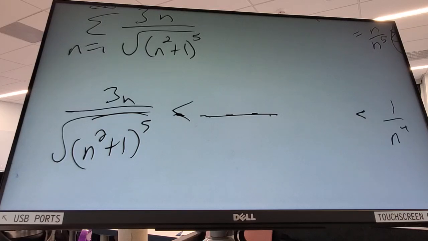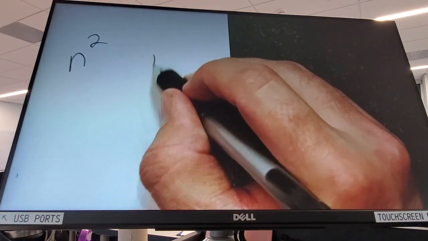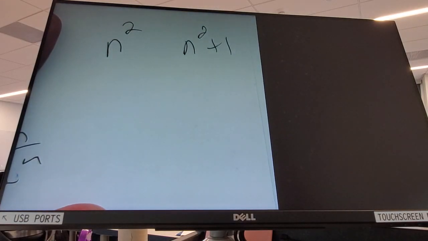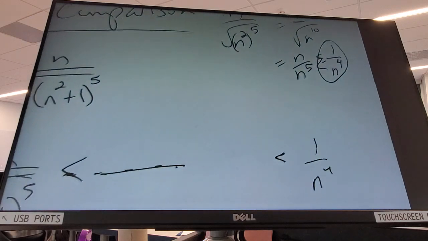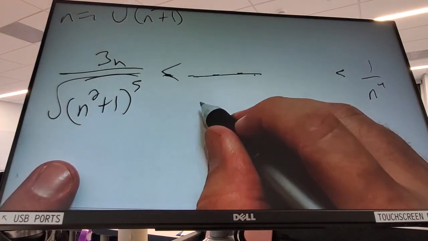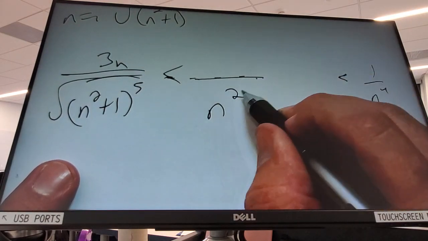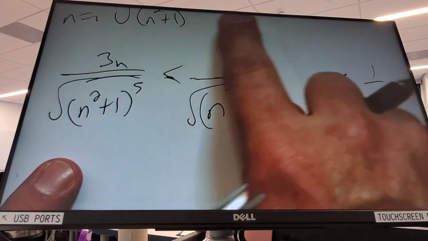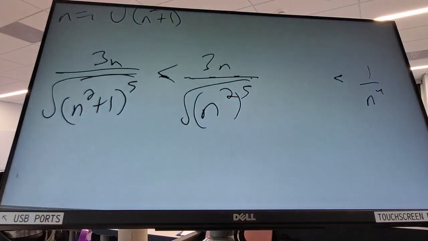So, which one is bigger? N squared or n squared plus 1? N squared plus 1. Yes. That's bigger, yes? So if I make the bottom smaller, then I made the whole thing bigger, yes?